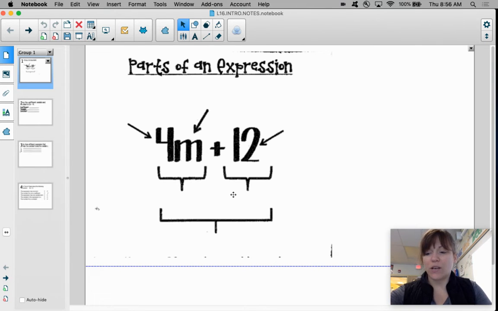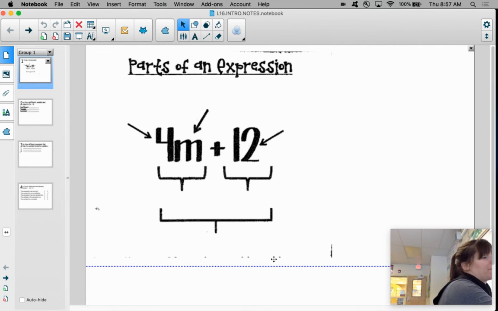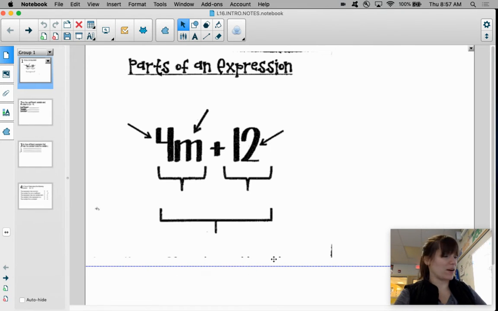This is in a Pear Deck for you if you do not have your packet with you. If you're an all remote student, you can use the Pear Deck. If you are a hybrid student and you have your packet, I would suggest opening it to page 8.